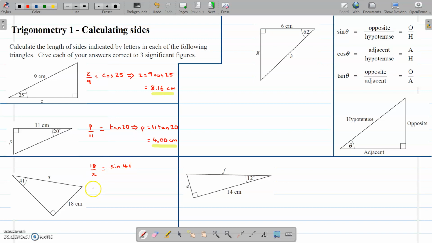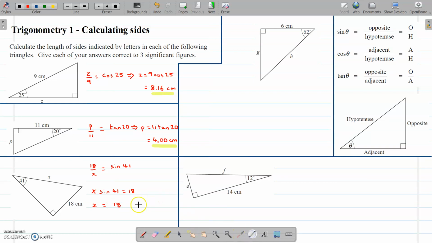So I get that x times the sine of 41 equals 18, and that means that x is going to equal 18 divided by the sine of 41.